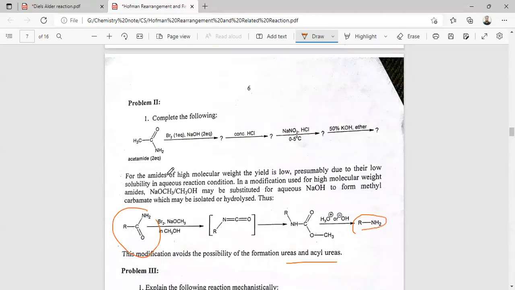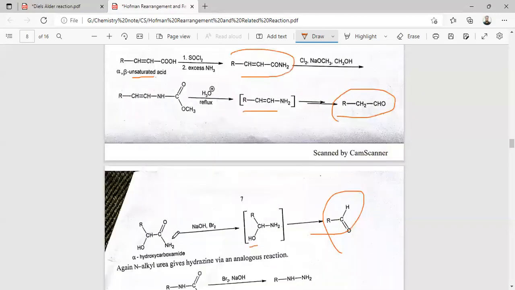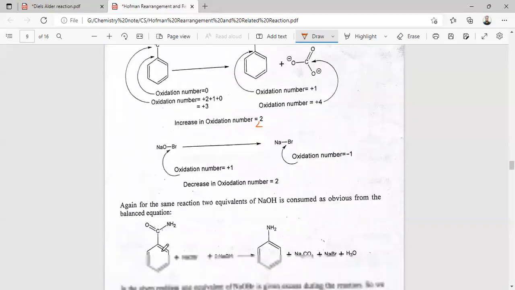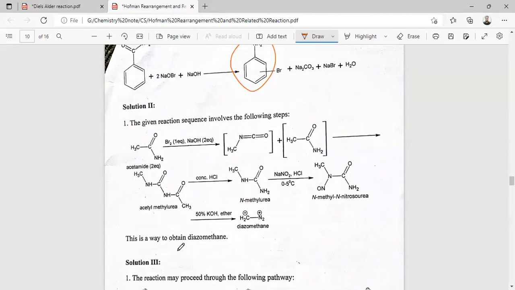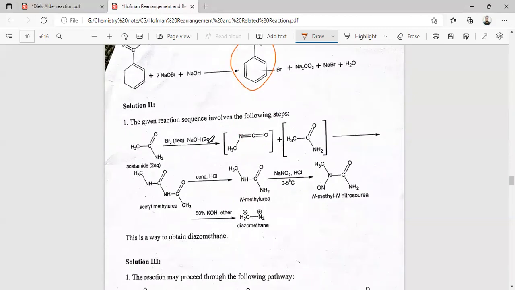So the next question is: complete the following. Here this butyramide is treated with equivalent bromine. So the given reaction sequence has the following steps. First acetamide reacts with bromine and one equivalent of NaOH to form this intermediate that reacts with one equivalent of this amide to form this acetyl methylurea.